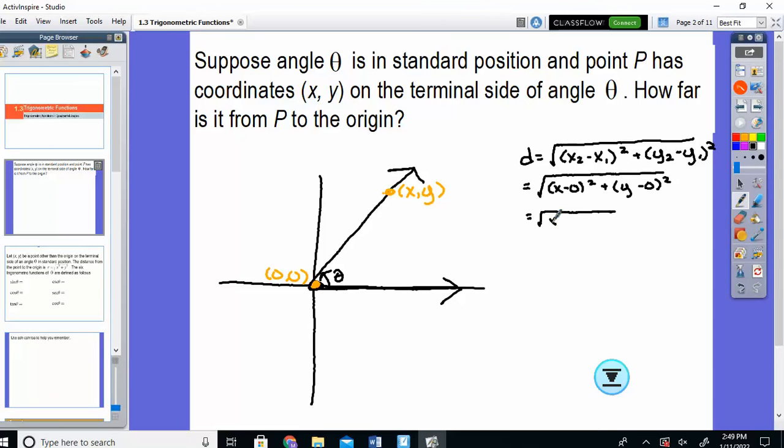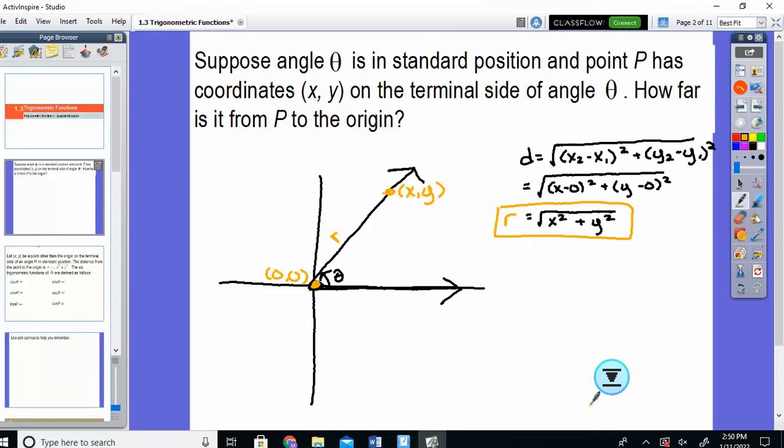So x minus 0 just gives me x squared plus y squared. That represents the distance between these points, or really the length of this little segment. In general, we are going to call this length r. So that tells us r is the square root of x squared plus y squared.